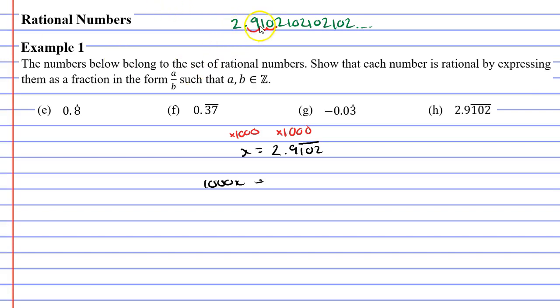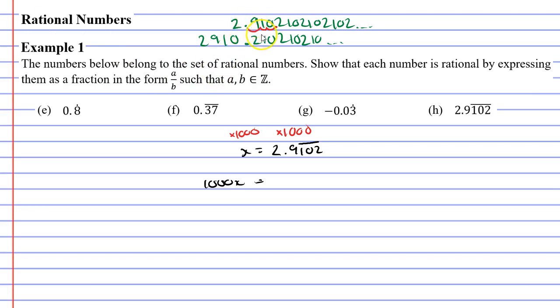This means we're going to have 2910.210210, and so on. So I'll line up my decimal points, 2,910.210, 210, and so on.